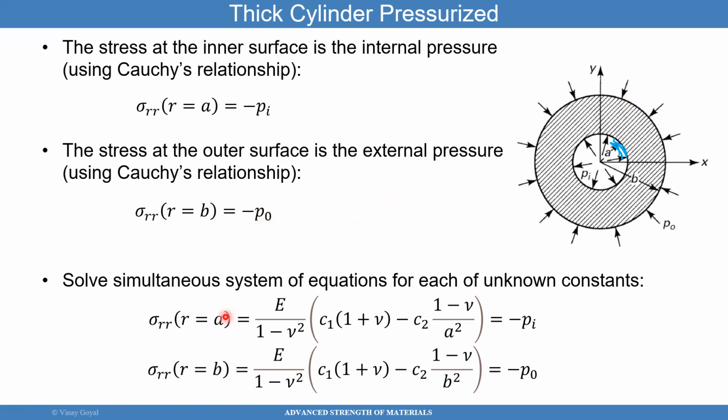So now I have two equations and two unknowns, C1 and C2. Again, I can use Wolfram Alpha or some code to solve for C1 and C2, because it's a linear system of equations. I can solve for C1 in the first equation, plug it back into the second equation, and then solve for C2. Once I have C2, I have C1, and as a consequence, I know the stress sigma RR right at the surface.